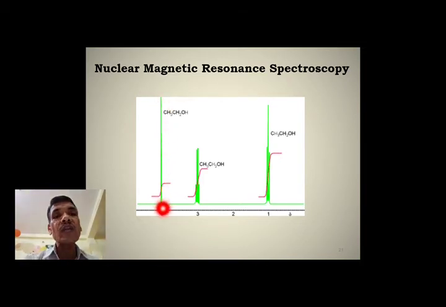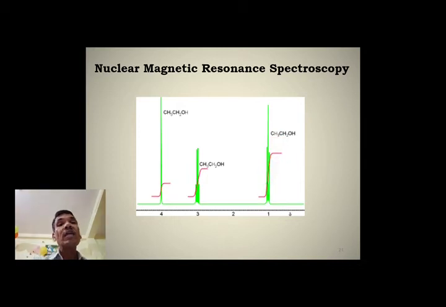The signal appeared at this delta value on the delta scale, 4, indicates the presence of OH hydrogen atom, that is hydrogen atom attached to oxygen atom, while this signal indicates the CH2 group, that is methylene group, while this signal indicates the presence of CH3.